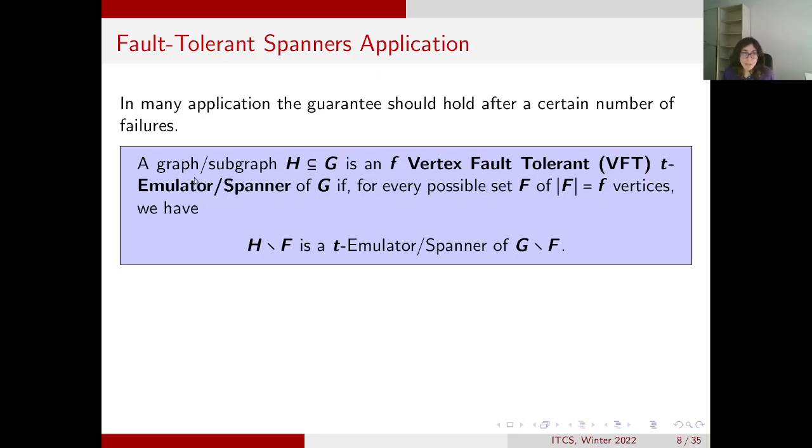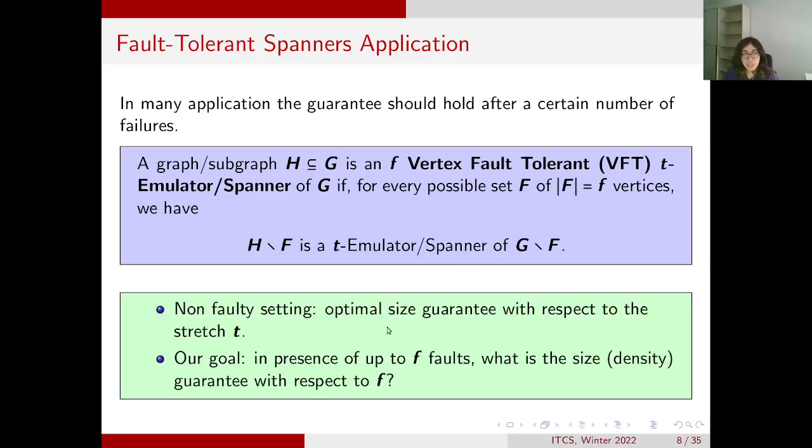Specifically, a graph or a subgraph, depending on whether we're talking about an emulator or a spanner, H for G is F-vertex fault-tolerant for a parameter T if for every possible fault set F of size at most f, after removing this fault set F from H, we still have a T-emulator or a T-spanner of G minus F. In non-faulty settings, we know the optimal size and stretch trade-offs, but our goal here is to see how the size of the emulator or the spanner depends on this parameter f.